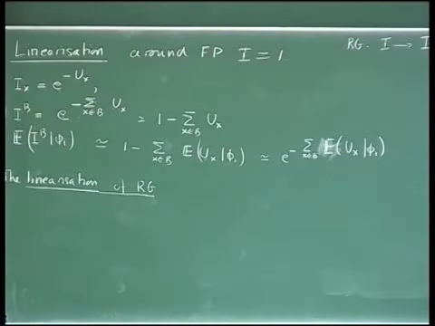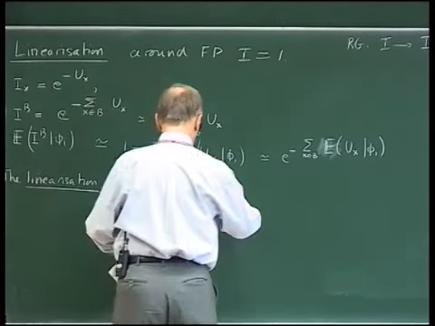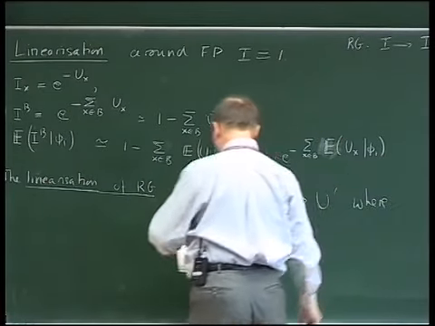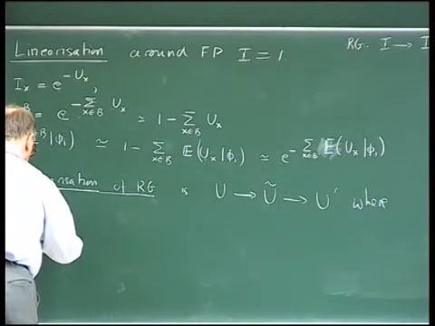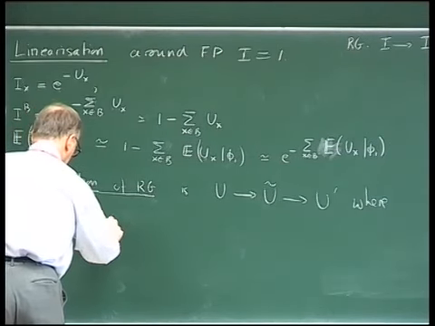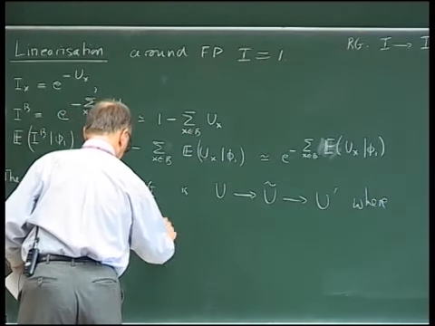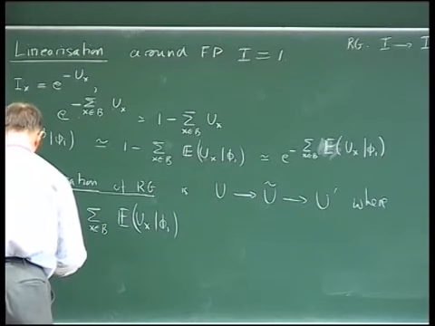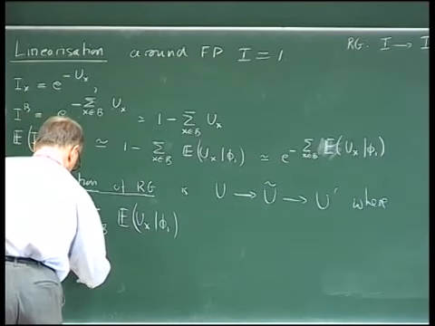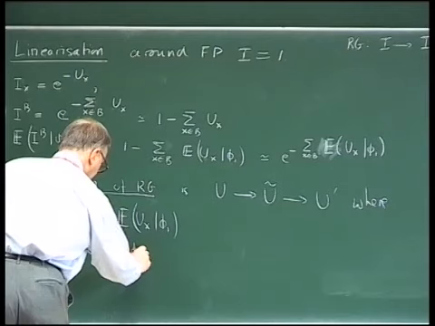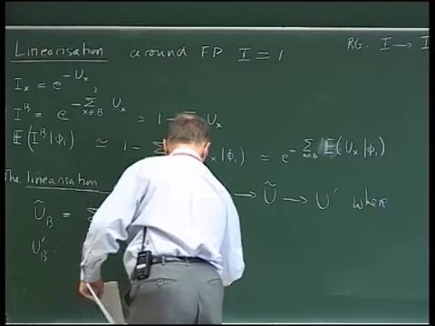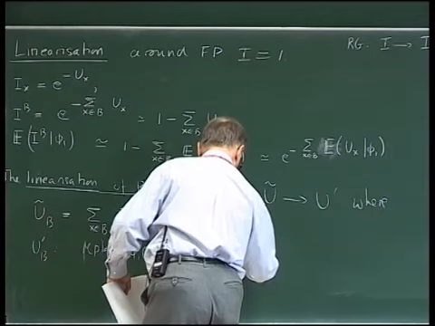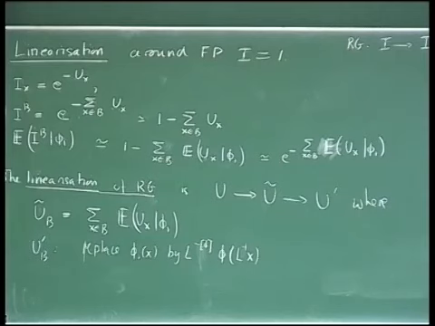The linearization of Rg is u goes to u tilde, followed by u tilde goes to u prime, where these two steps are that u tilde sub b is the sum over x in the ball B of the conditional expectation of u sub x given phi 1, and u prime sub b just means replace phi 1 of x by phi of L inverse of x, like we always do. It's the rescaling operation at the end.